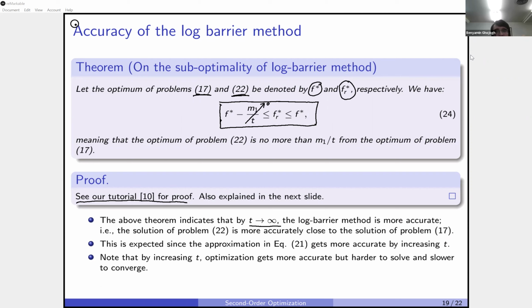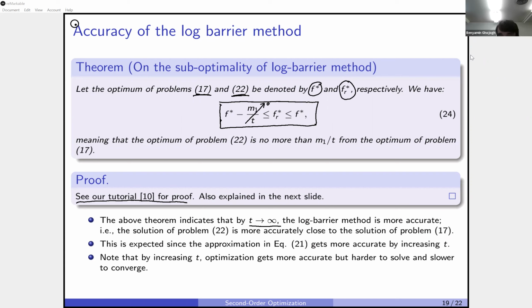But when t is smaller, it means that the approximation of the log barrier method is not good enough. Therefore, you will be sandwiched between f star minus m1 over t, some value, and f star. So it might not find the f star exactly. However, interestingly, f star r, we know that is less than or equal to f star.